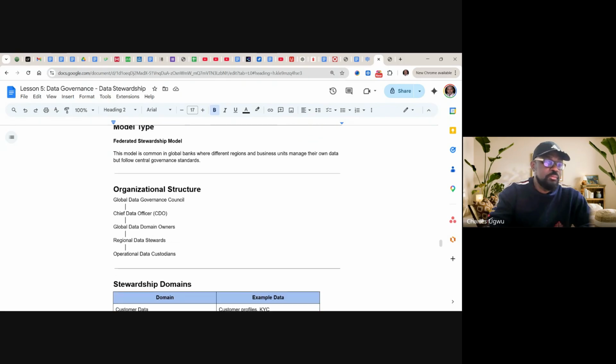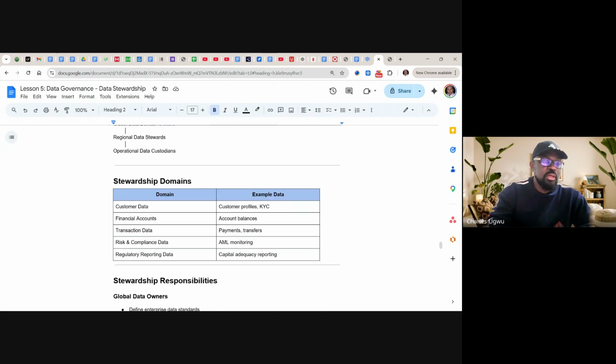Stewardship domain. Under this, we capture different domains: customer data, financial account, transaction data, risk and compliance data, and regulatory reporting. For example, customer will have customer profile and KYC.